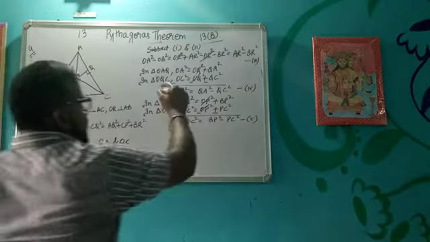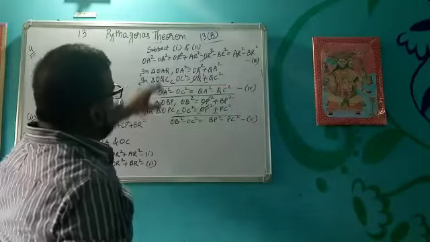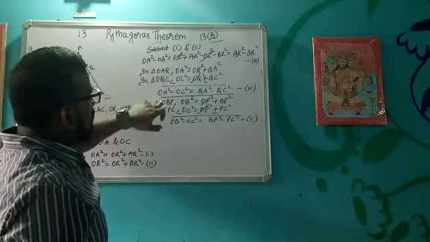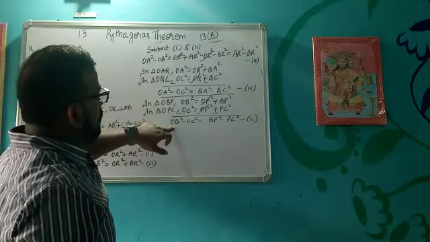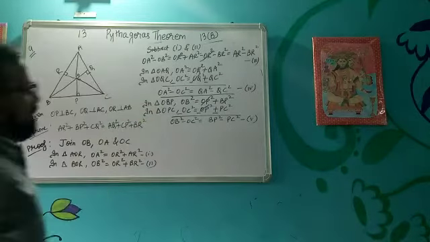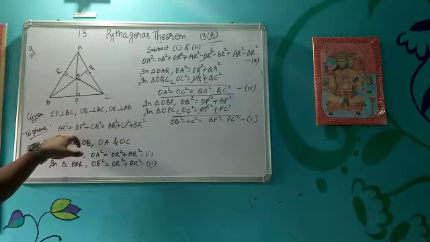Okay. So if you see very carefully in these expressions, this is OA square, this is OA square, this is OB square. So what we need? We need these values.